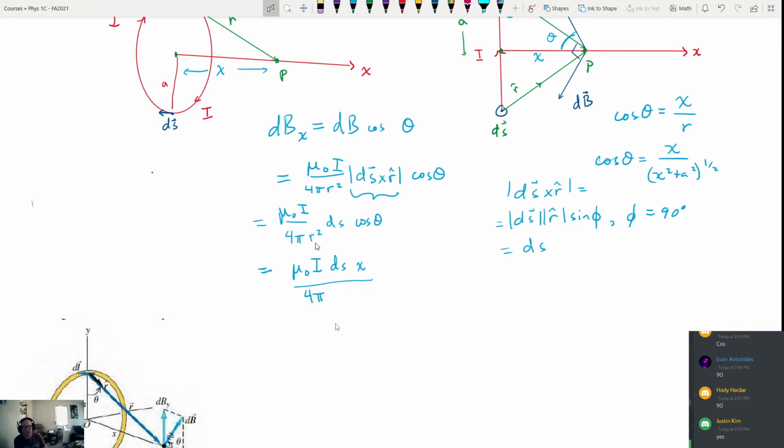But there's already an r down here, so we'll have an r squared times an r. So we're going to get mu naught I over 4 pi times r cubed times x times ds.